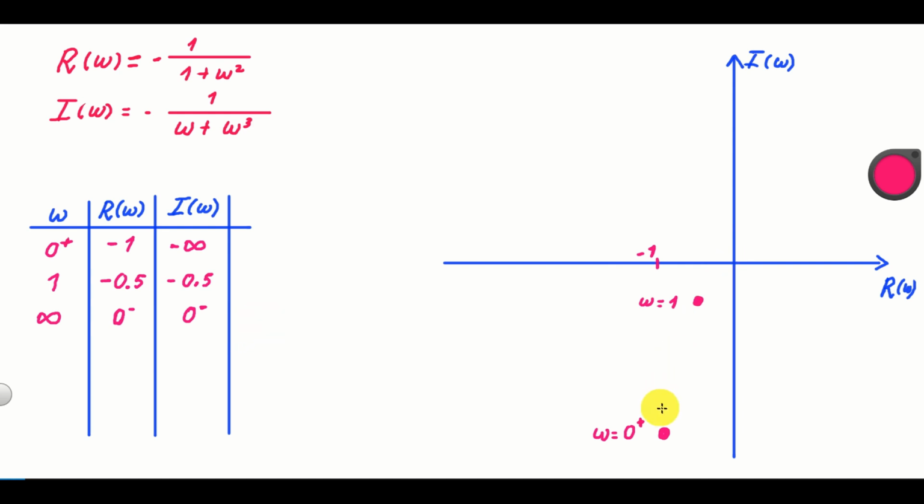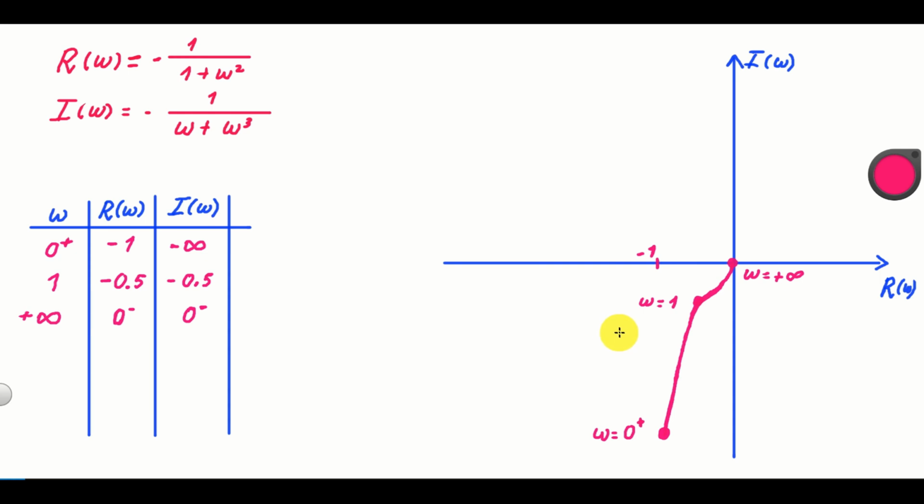Consequently, our graph will look somehow like this. It will go like this. Omega increases, goes to 1. Then omega goes further, and when it goes to infinity, and let me sketch the complete branch. Here it is. This is the branch of the Nyquist plot when omega goes from 0 plus to plus infinity. And over here I will denote the point omega equal to plus infinity.